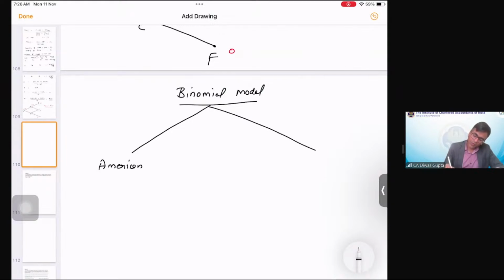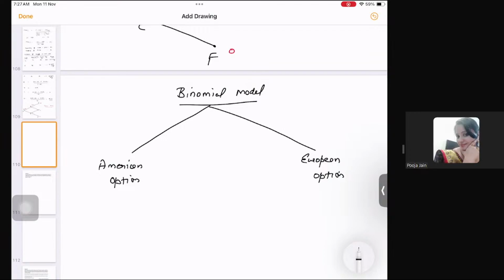Can anyone tell me what was the difference between American option and European option? American option can be exercised till the exercise date, whereas European options can be exercised as on a particular date.